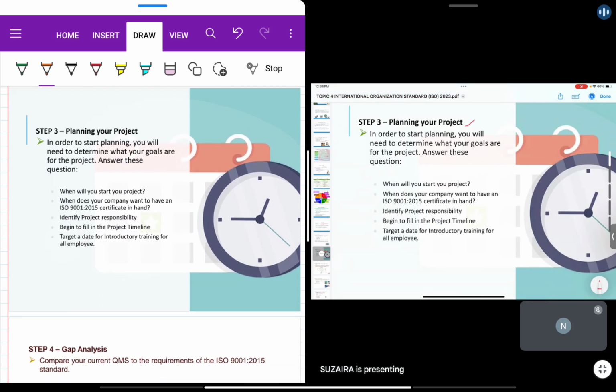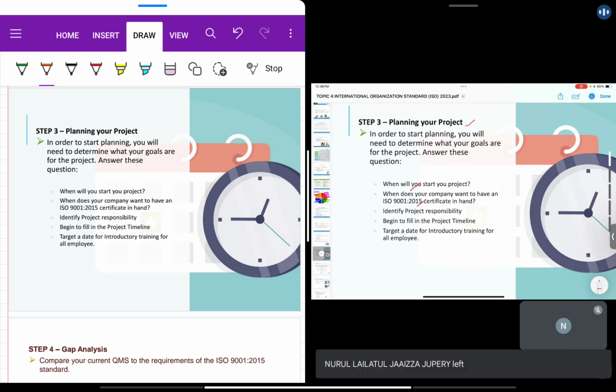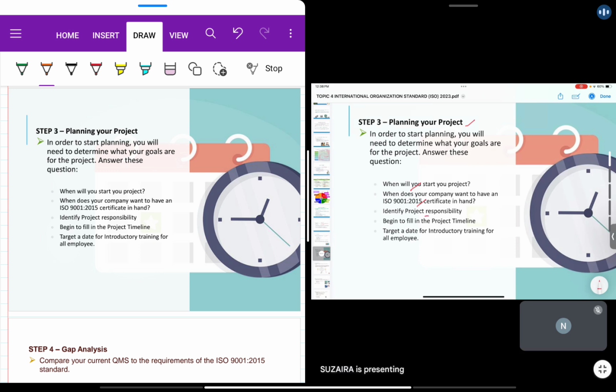It's like you have a Gantt chart, where you determine when you want to start the project, when you want to have the ISO 9001, and who is responsible, what is the job specification and job description, who is responsible to do modifications and additions of new practices in a process.